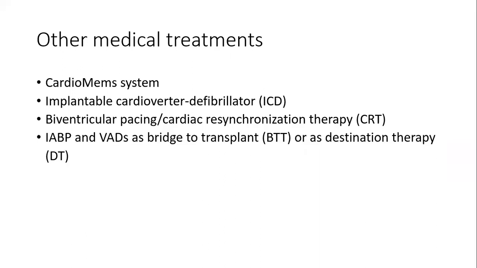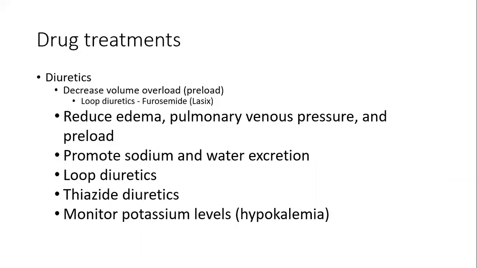Biventricular pacing and cardiac resynchronization therapy, that's something I've seen here and there. And the devices that we talk about, usually the IABP and ventricular assist devices, are just something to tide somebody over until they can get a heart transplant. Although it can be an ongoing intervention.